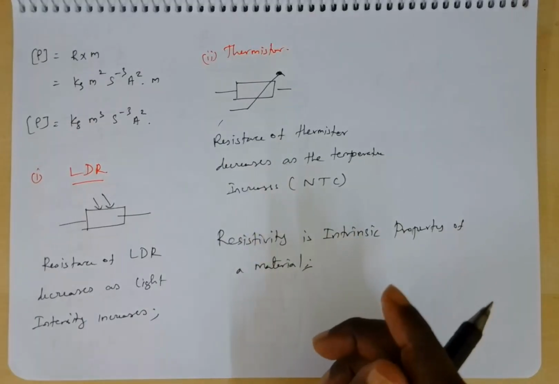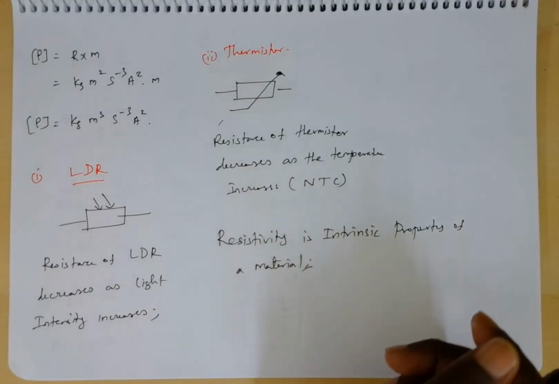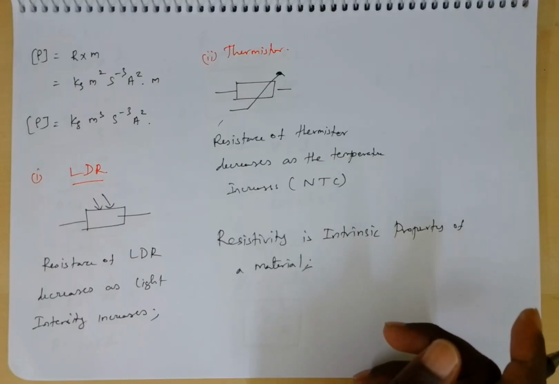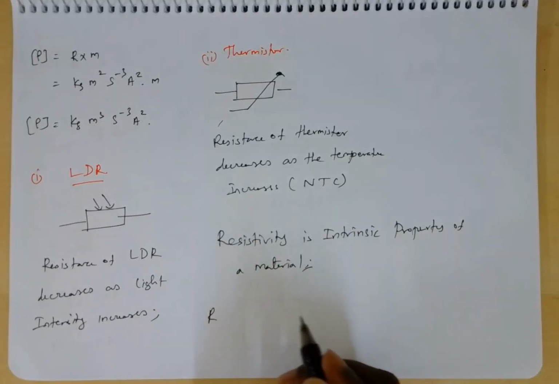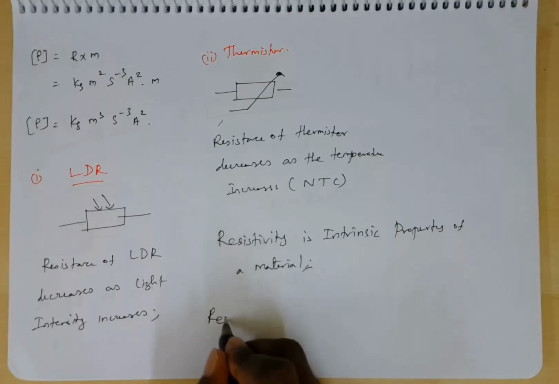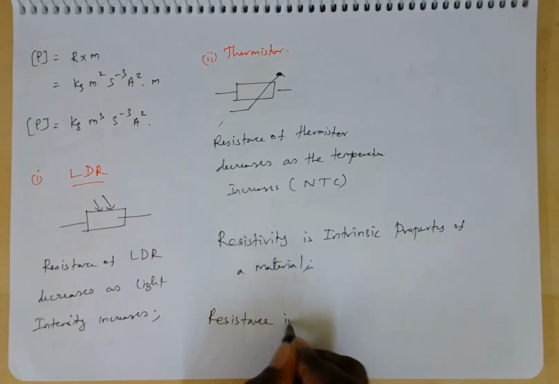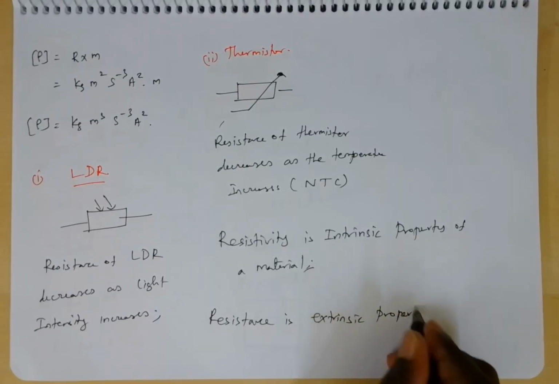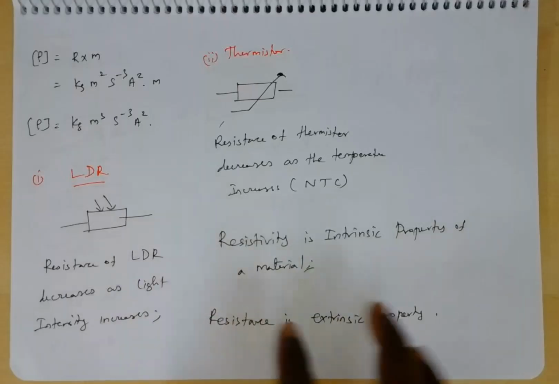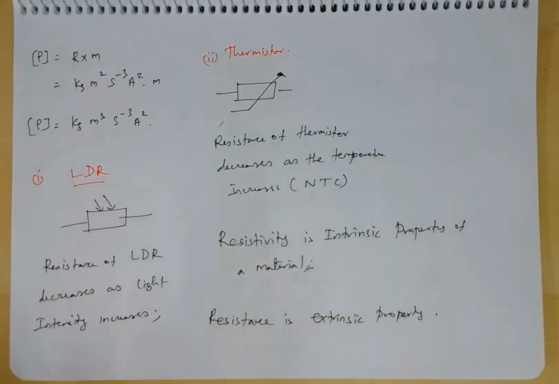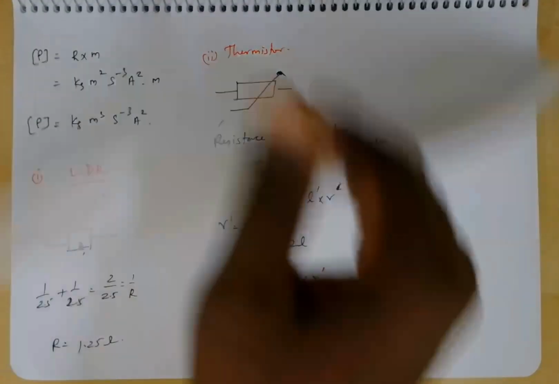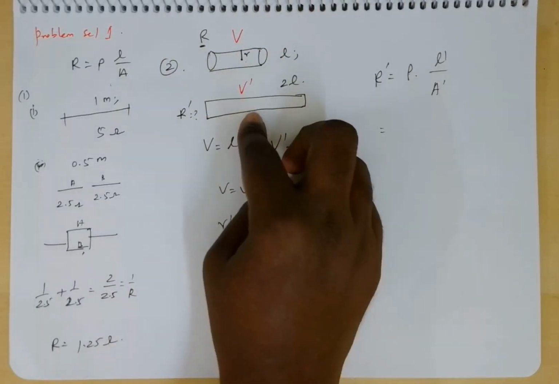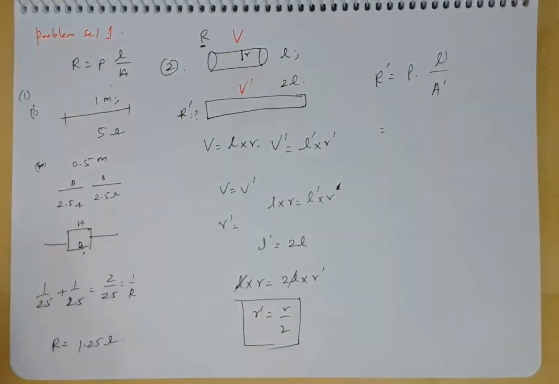If you change the shape or size, it will not change. Resistance is an extrinsic property; it depends on shape and size. So if you change the shape or size, resistance will change, but the resistivity will not change. So the resistivity of the first wire and second wire is the same, because they are made of the same material.